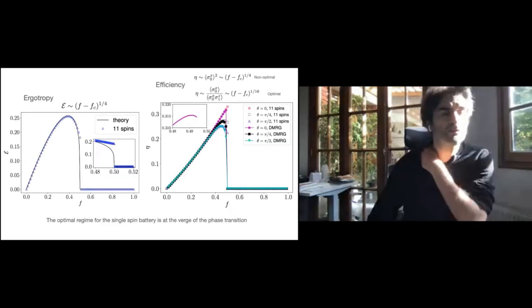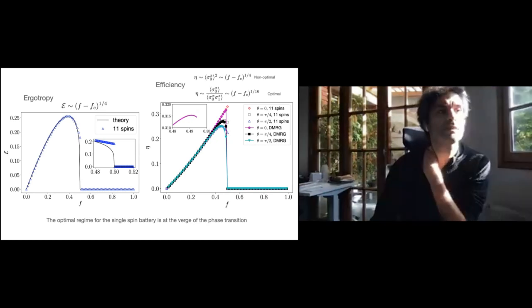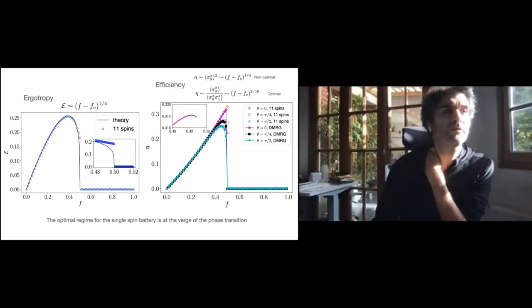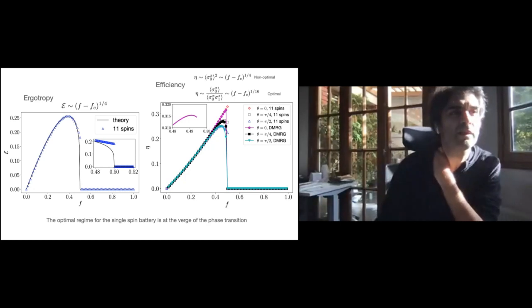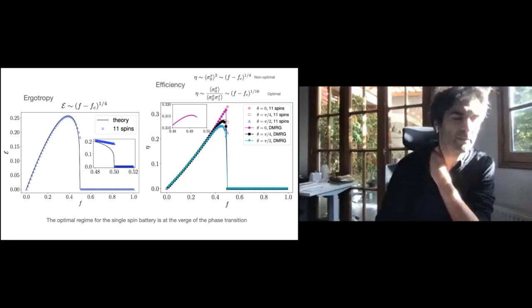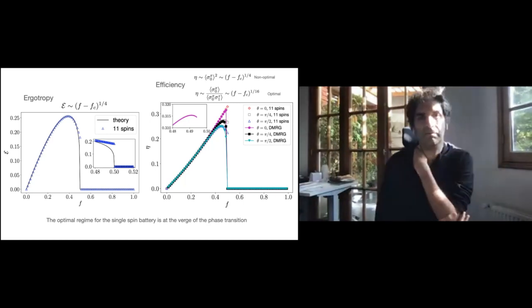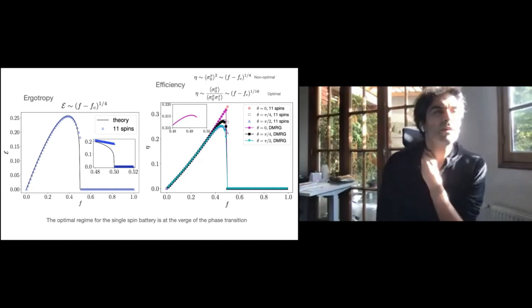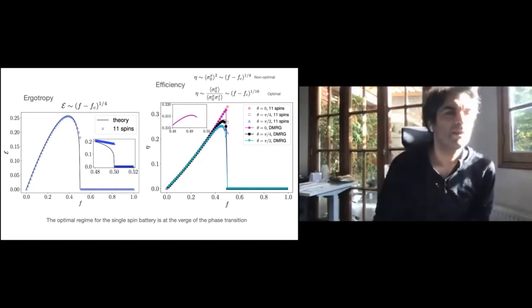And the best fit predicts that for the optimal efficiency, the critical behavior will be a power 1/16 around this critical point.